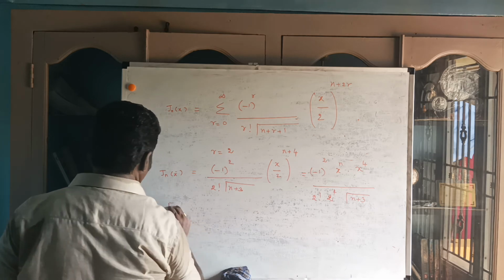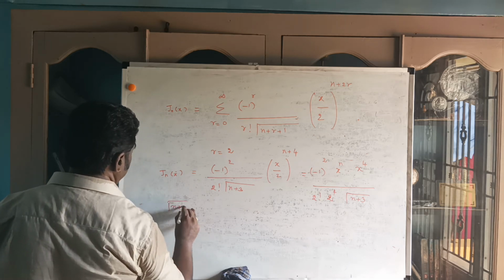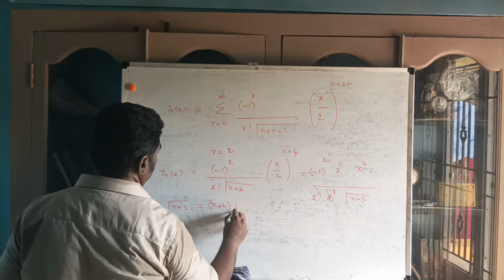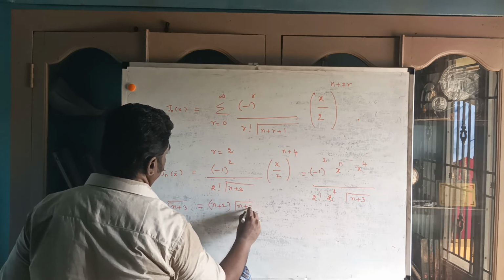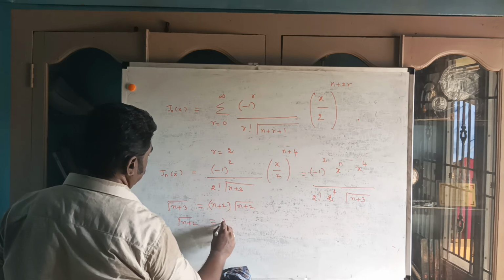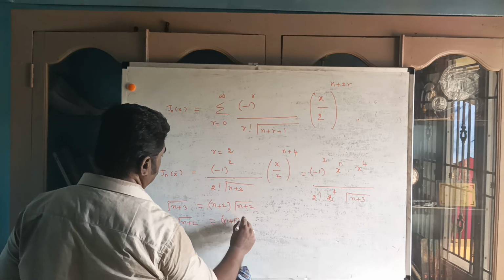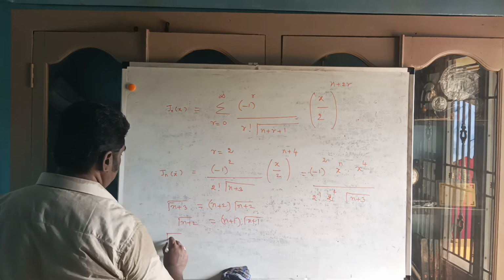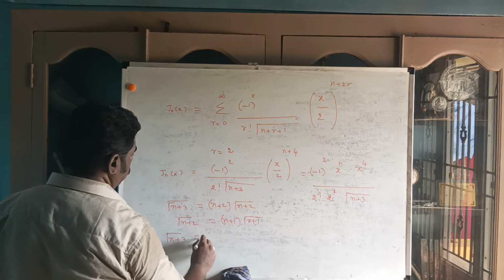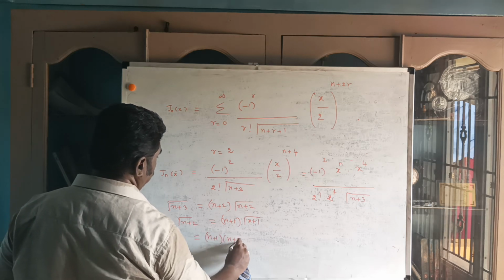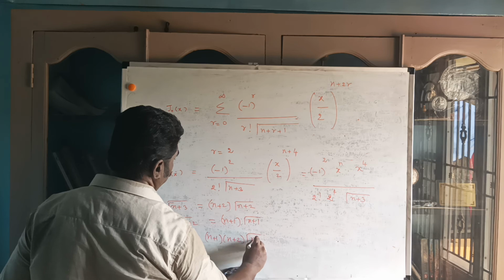Now, gamma of n plus 3 is equal to n plus 2 gamma of n plus 2. But gamma of n plus 2 is equal to n plus 1 into gamma of n plus 1. Therefore, gamma of n plus 3 is equal to n plus 1 into n plus 2 into gamma of n plus 1.